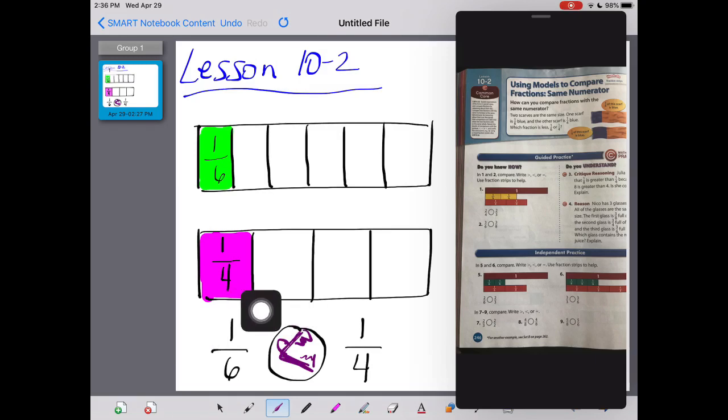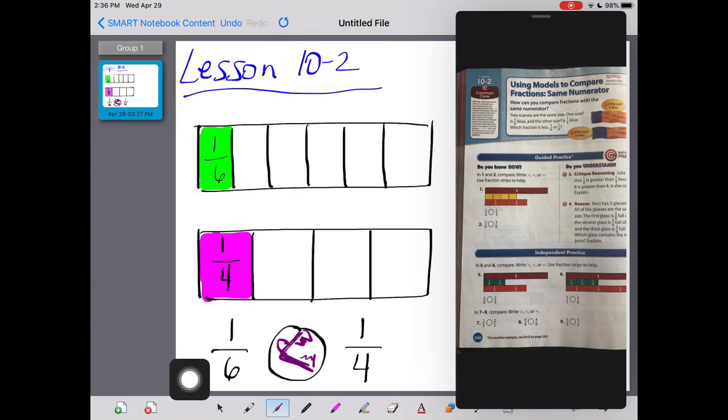Now I also want you to notice, what else did you observe here? Look at the denominators. We have 6 and we have 4, and you're saying, well, wait a minute, 6 is bigger than 4, right? We're used to that. We're used to saying, yeah, of course, 6 is a larger number than 4, but we are not looking at whole numbers. We're looking at fractions.